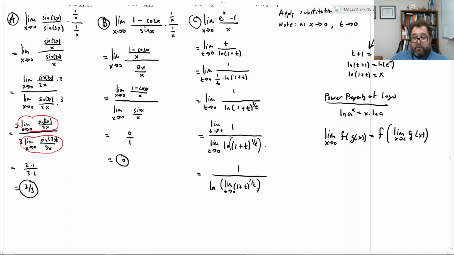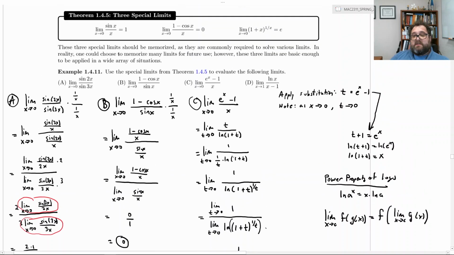And now here's the beauty of this. The beauty of this substitution is now I have this limit exactly, except I'm using t's instead of x's. But that doesn't matter at all. Just like we saw with the limit as theta goes to 0 of sine theta over theta, it didn't matter if we used theta instead of x's. It was still the same limit.